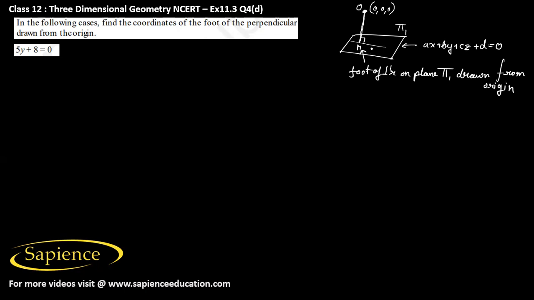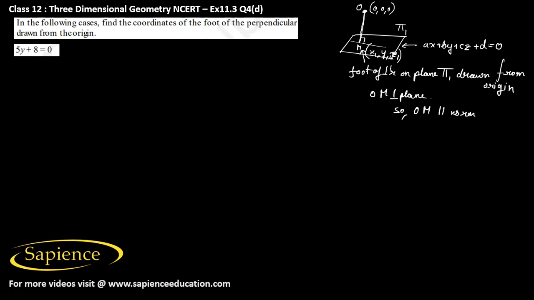So here, suppose I assume that x1, y1, z1 is the coordinates of the foot of the perpendicular M. Then we can say that since OM is perpendicular to the plane, OM will be parallel to the normal to the plane.